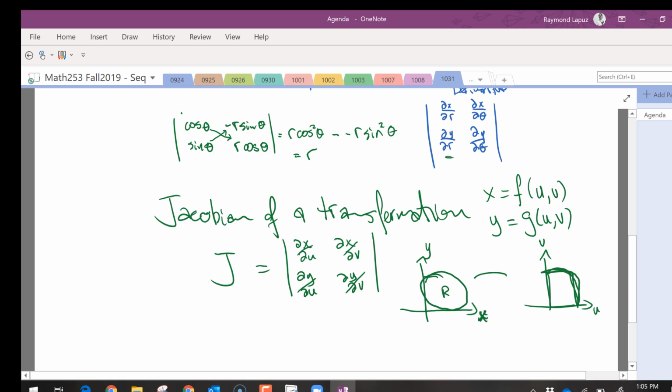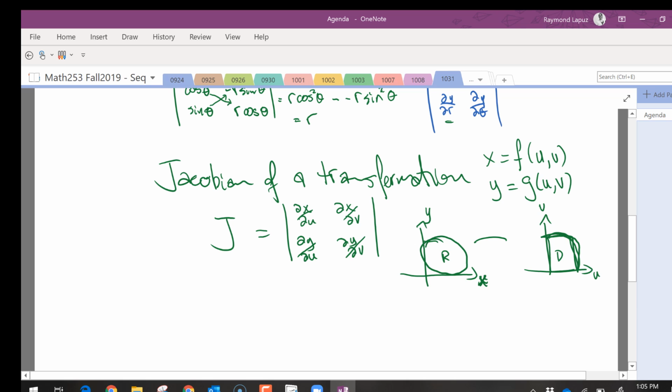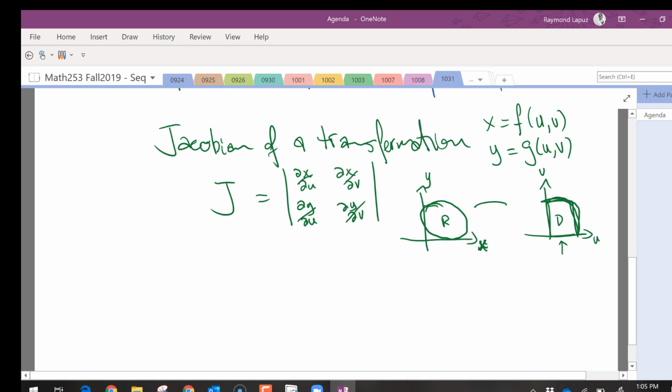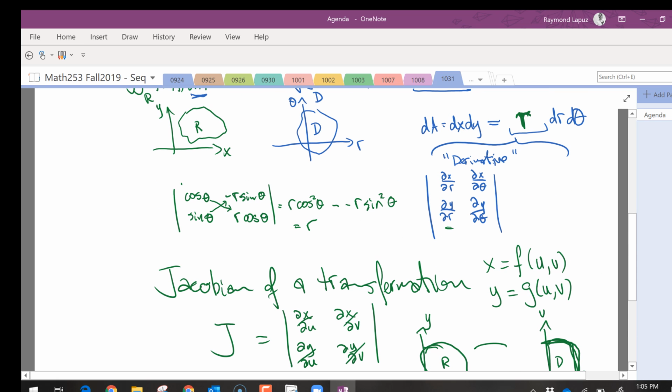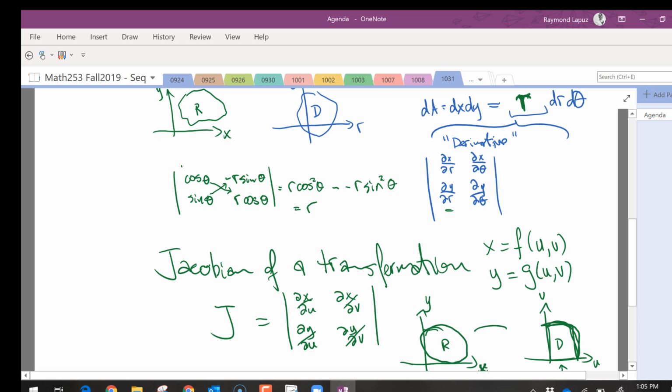Let's make it a rectangle, D. That makes these limits of integration easier, hopefully, than what we had before. Whereas before we had circles or pieces of circles, now we have rectangles, constant limits. Okay, so that's the story behind this r that we've been using all along.